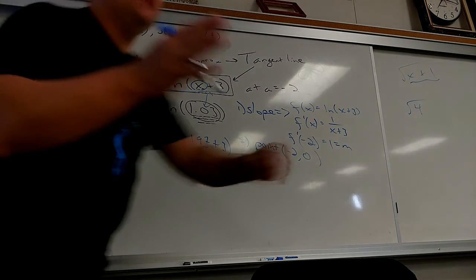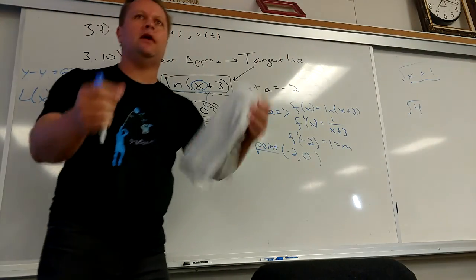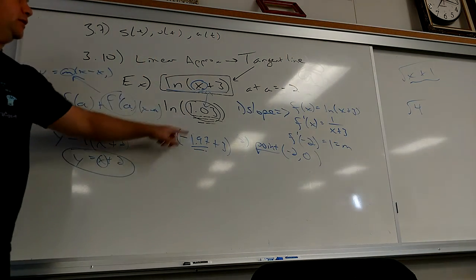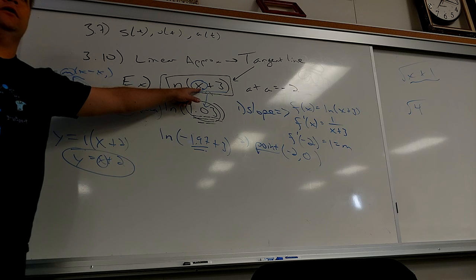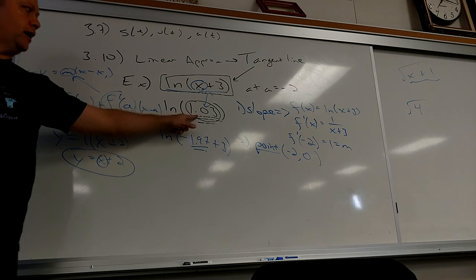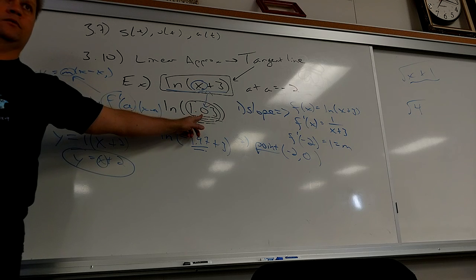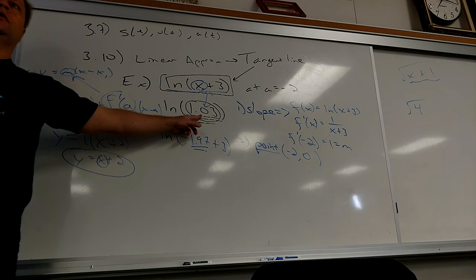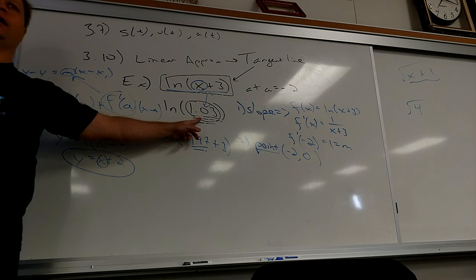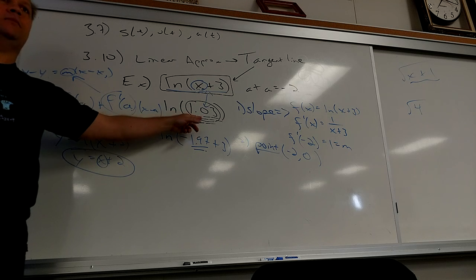So what this whole thing is saying is if I put negative 1.97 in here, in my calculator, won't I get this? I'll get a value for this. Are you with me? Yes? But we just figured out a much simpler function that I don't even need the calculator to use, that should be a decent approximation.